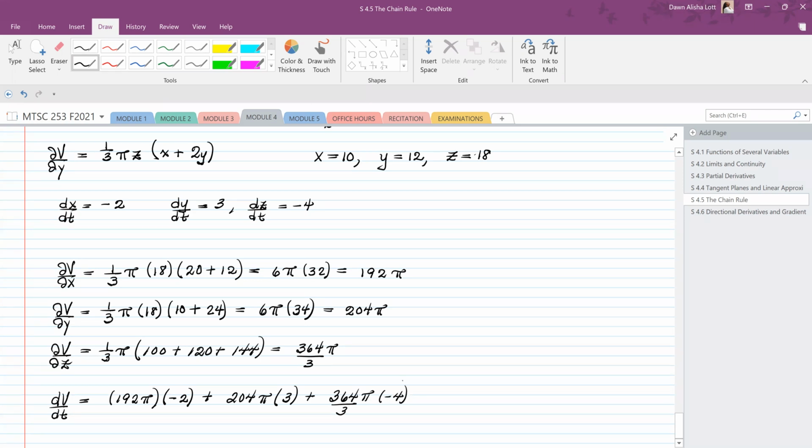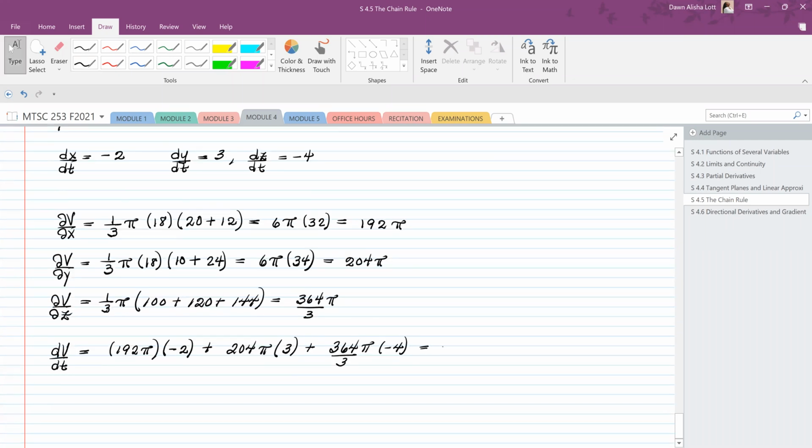It would have been nice had they made that divisible by 3, but whatever. So it turns out to be minus 772 over 3 pi. So the volume is decreasing at that time, in cubic inches per minute.